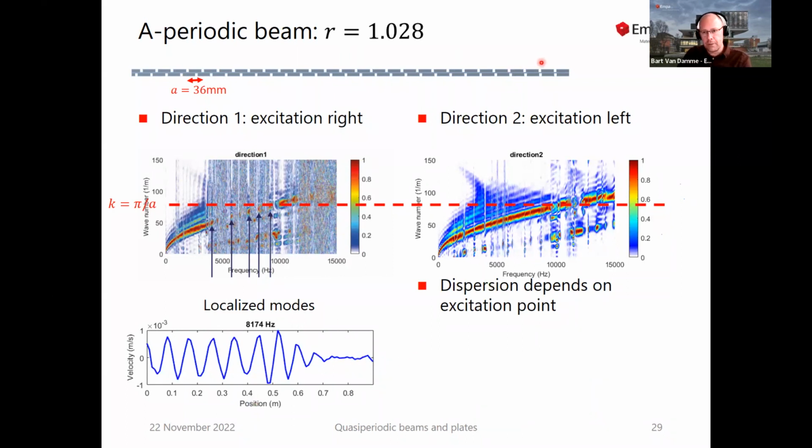So if you look at the periodicity here on the right hand side, you see almost a normal periodic beam with thick and thin sections with a band gap happening at really low frequencies already, I would say around 4000 hertz. And if you look at the section here, you never have these thin sections overlapping.